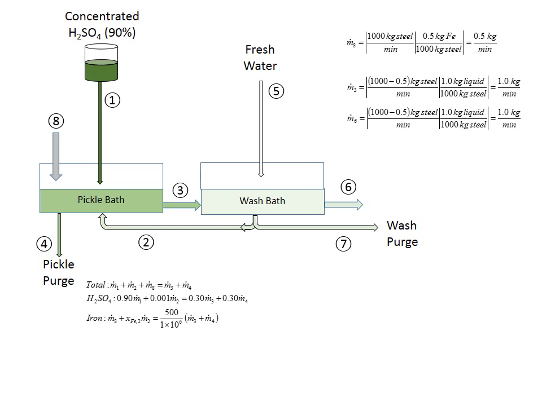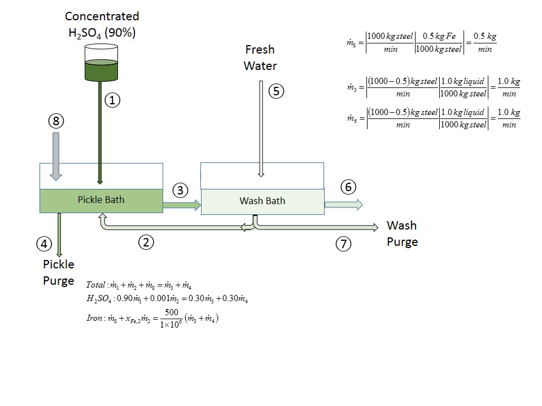We can do an iron and sulfuric acid balance as well. For the sulfuric acid, my concentrated acid coming in stream 1 is just its mass fraction, 0.9, times the total flow rate, m.1. Our wash bath solution, we know it is a maximum of 0.1% sulfuric acid. So let's set that as a fixed number and solve the problem using that information.